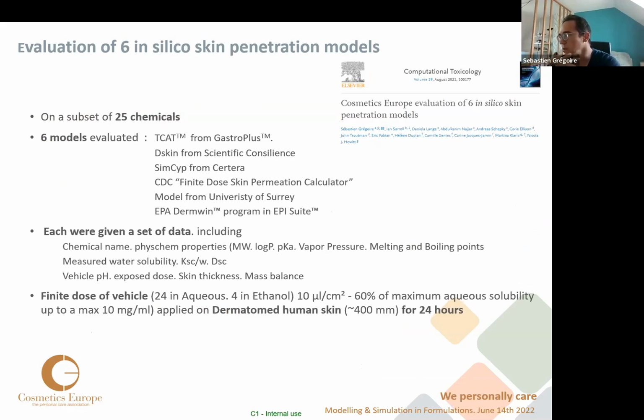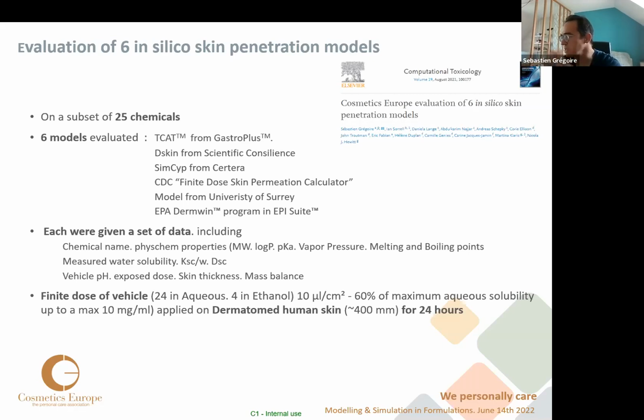The evaluation was done by people having enough experience with each model, and to all of the people we provided the same set of data, including chemical name, physical chemical properties, partition and diffusion coefficient measured in the stratum corneum, and the condition of the exposure, meaning vehicle, pH, skin thickness, and the mass balance. The mass balance is the sum of the amount of chemical found in the different compartments normalized to the amount applied initially.